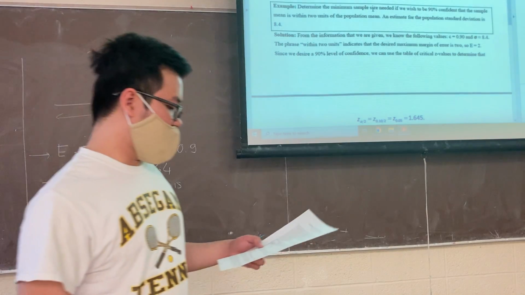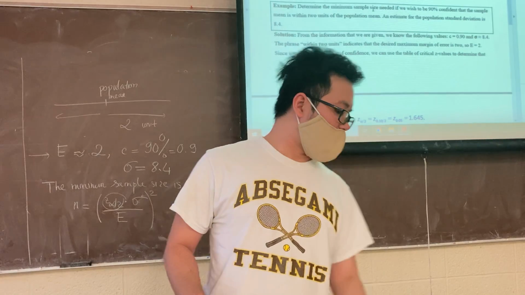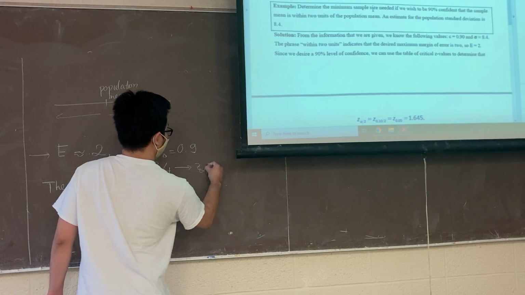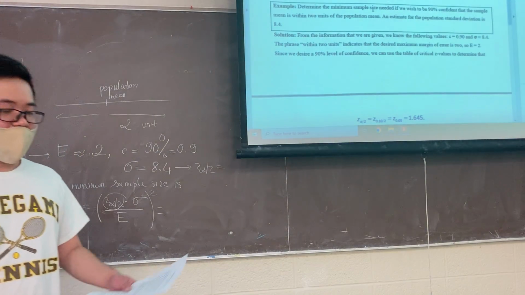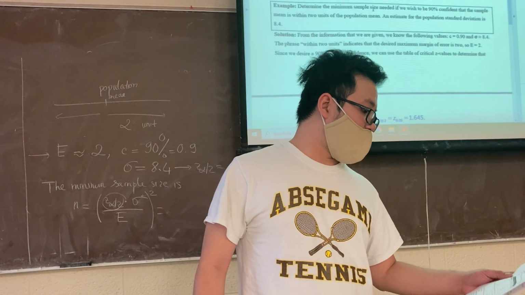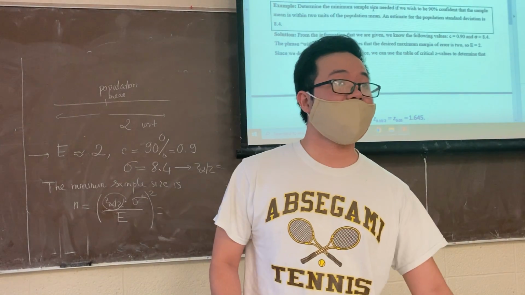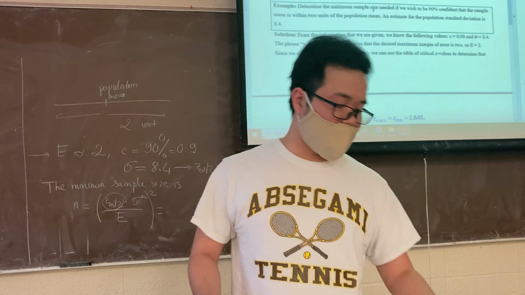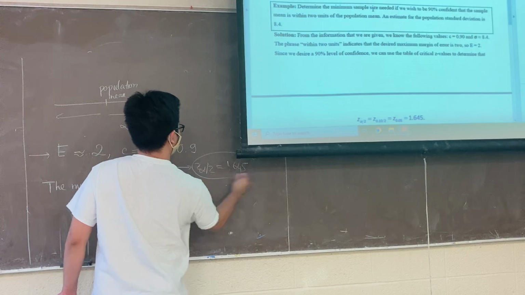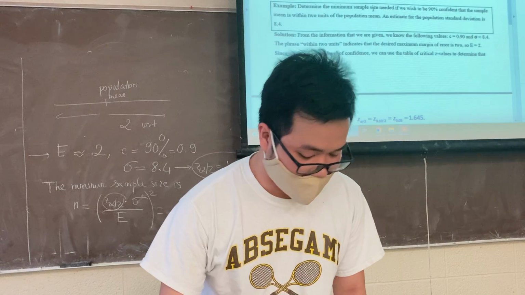To find it, you will use table A.1 in the previous handout. Could you tell me what Z alpha over 2 is in this case? This is the critical value. How do we find this using your table? The confidence level here is 0.9. Madeline, please. 1.645. Yeah, exactly, 1.645. We have the critical value here.